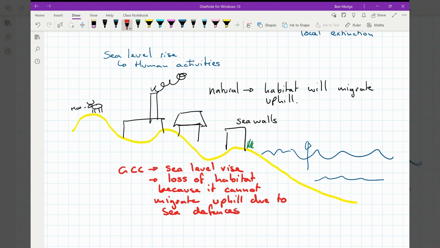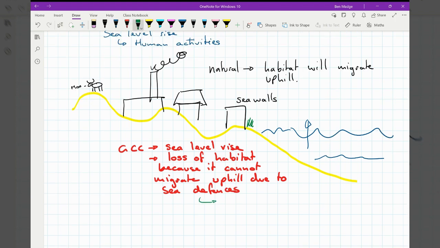And some examples of habitats that are particularly at risk of this are things like salt marshes in the UK, or other wetlands.